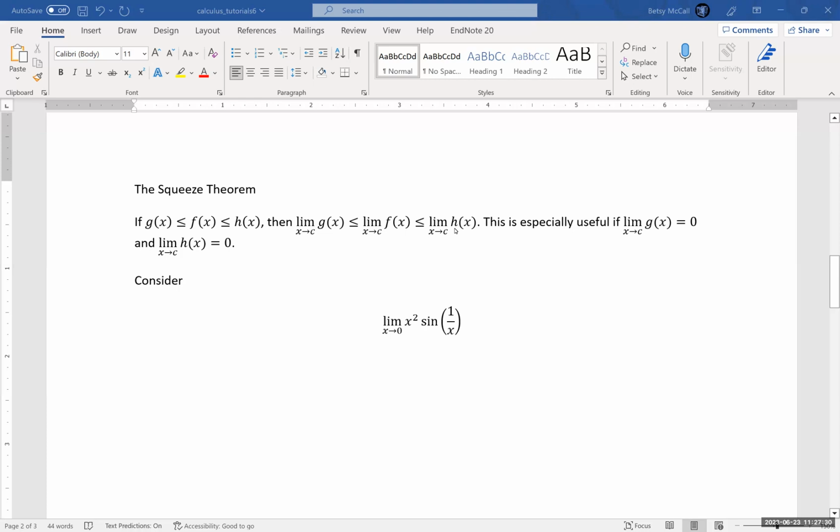But as long as they're the same value, the squeeze theorem really does have a lot of use, because if this is one value and this is the same value, then there's really nothing else that the limit of the middle function can be except that one value in order to make this statement true. So we're going to consider a specific example and go through and show how the squeeze theorem works.